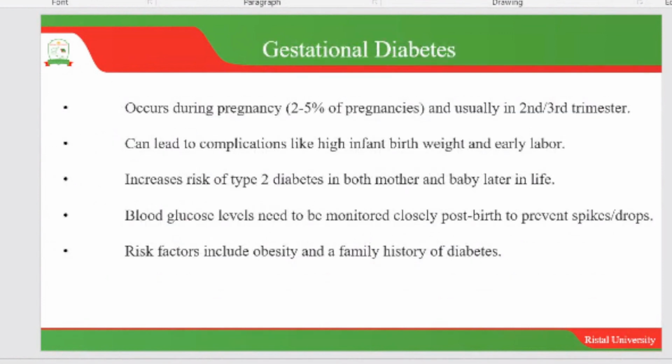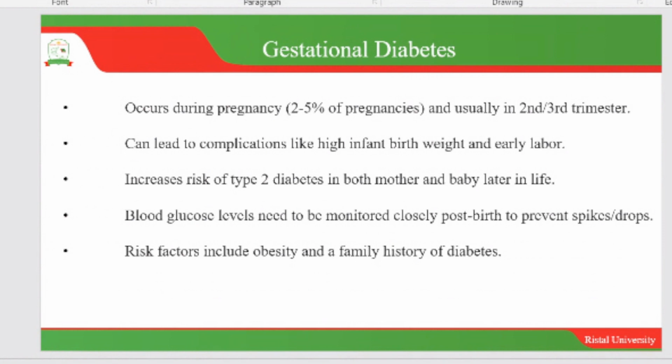Then we have gestational diabetes. This one mainly occurs during pregnancy, and it can occur in 2 to 5% of pregnancies, usually in the second to third trimester. It can lead to complications like high infant birth weight and early labor.